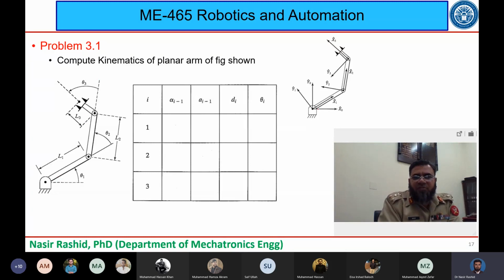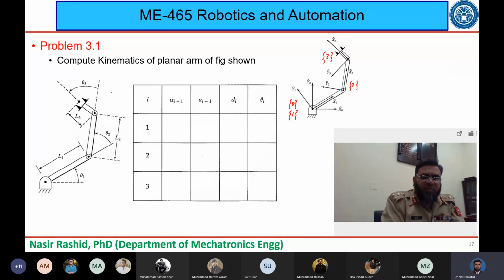So you have two frames attached here, frame 0 and frame 1. We have frame 2 attached here and we have frame 3 attached here. So you may remember that we made a DH table of it.